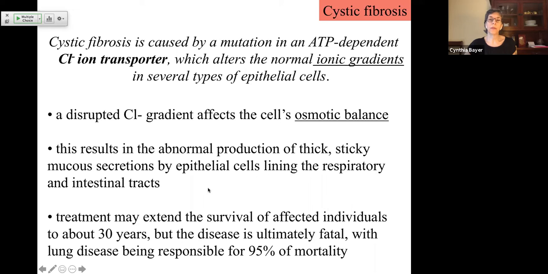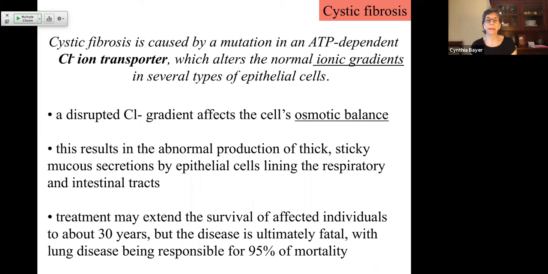And so while there are different treatments for cystic fibrosis, some treatments that can break up the mucus, antibiotics that try to reduce the amount of bacterial infection in the bronchial tubes and in the lungs, because the bacteria find that sticky mucus secretions to be a really good medium for their growth.